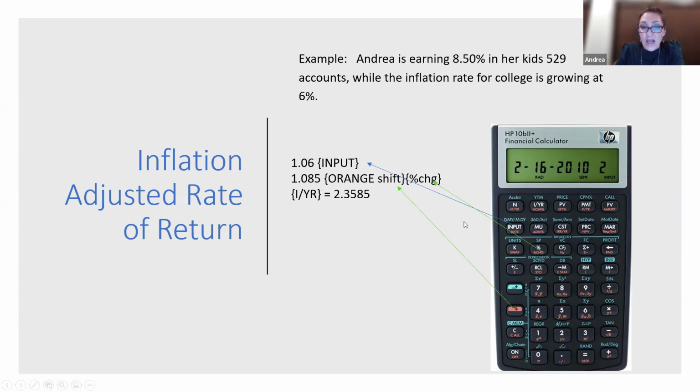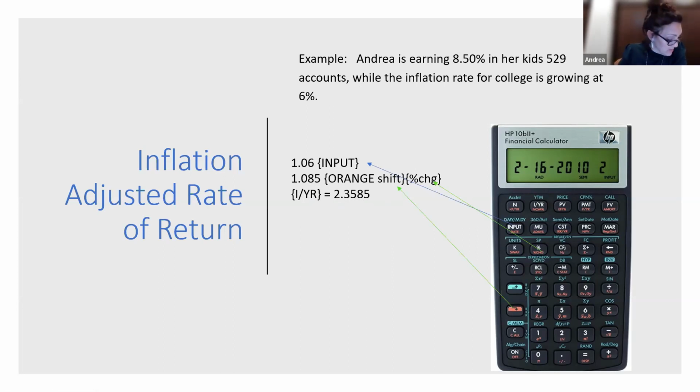And then I need to plug in the rate that I'm earning, which is 8.5%. So then I'm going to put 1.085. I'm going to hit my orange shift button, and then this button right here in white is percent, and in orange, it says percent change. On the display, it's going to show 2.358. And I want to tell the calculator that's the rate of return that I need you to use. And then I hit I/YR to plug it in to the calculator.